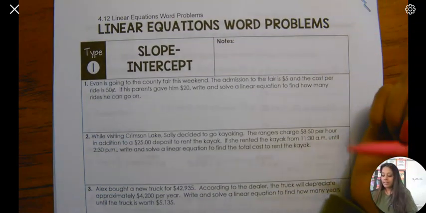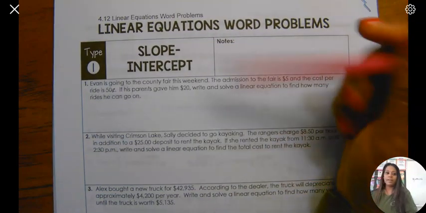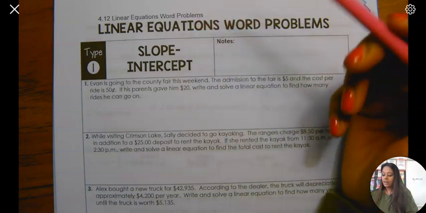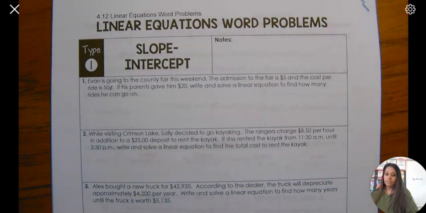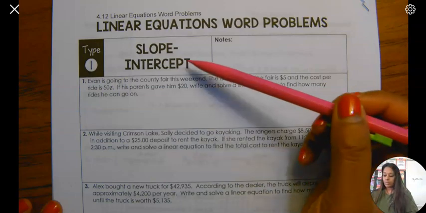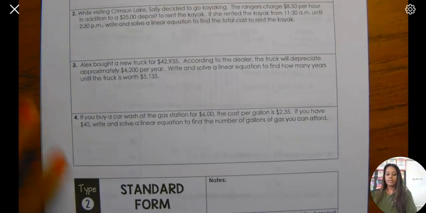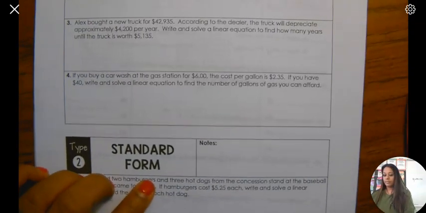Alright class, so here is a lesson on linear equations with word problems. There are different types of word problems that we're going to look at in this unit. We're going to look at word problems that involve slope-intercept. We're also going to look at standard form.